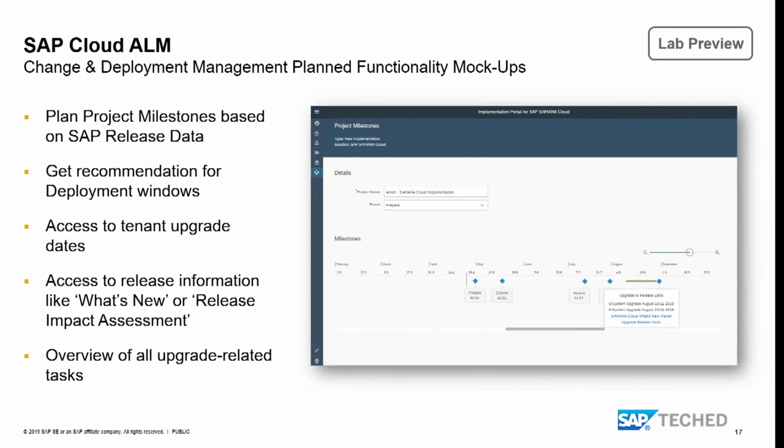We also want to give more guidance and integration to the What's New Viewer and the release impact assessment tool, which calculates the differences between your activated scope and the upcoming release. You will get an overview of upgrade-related tasks that need to be done, and also task guidance for managing such an upgrade during the implementation phase.